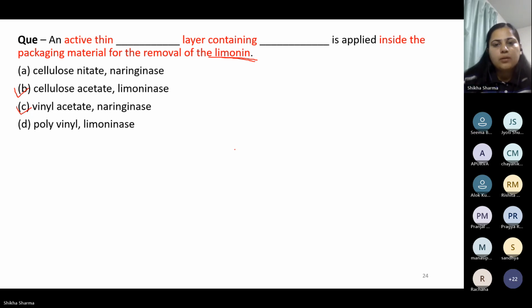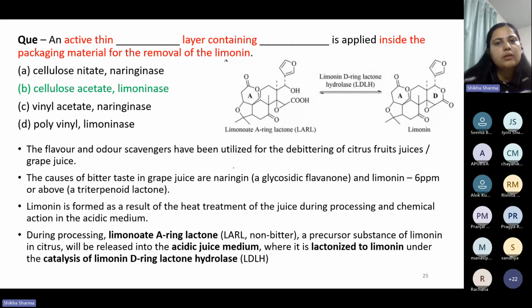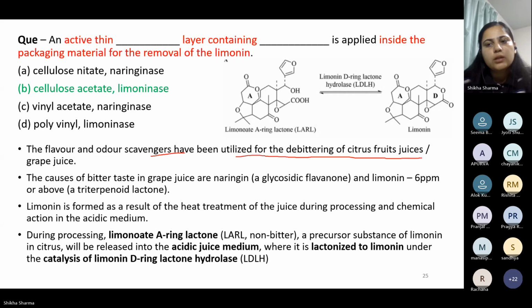Actually, option B is correct, because we need to remove limonene, right? So the flavor and odor scavengers are utilized for debittering of citrus fruits, juices, or sometimes grape juices.